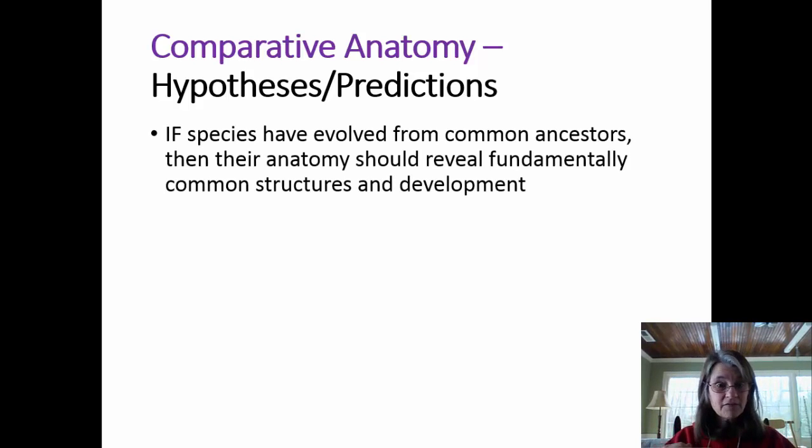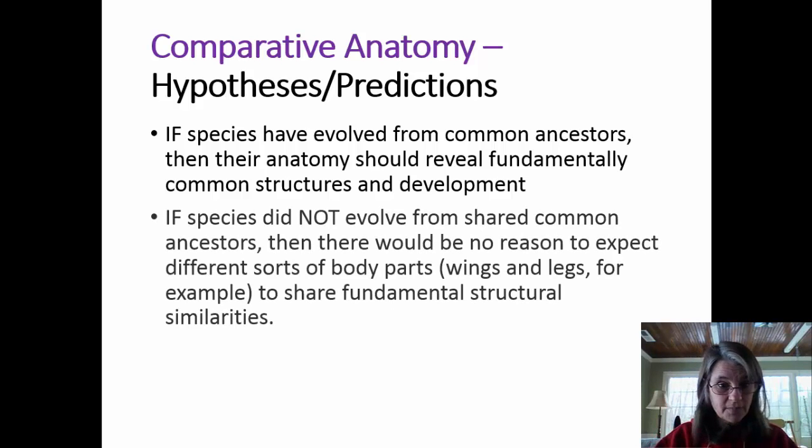If species have actually undergone evolution from a common ancestor, then their anatomy should show that. That should reveal certain fundamentally common structures and common developmental patterns in their body parts, just like you are more similar to your parents than you are to perhaps a random stranger.